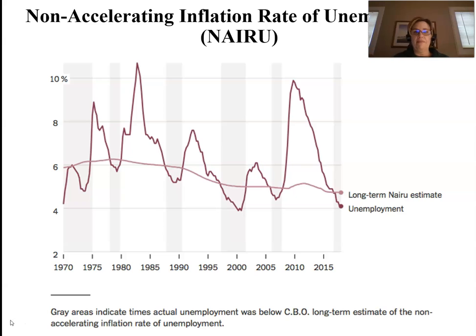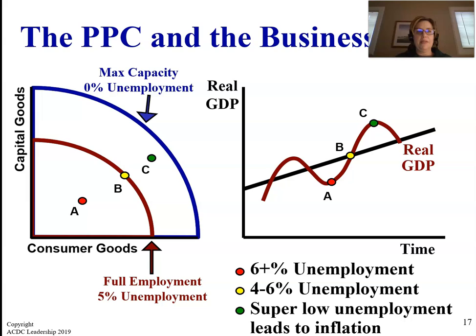And here's a graph of that over time. In this slide, we see side-by-side graphs of the production possibility curve and the business cycle. So the red dot represents unemployment that's over the natural rate of where we'd like it to be. So that would be represented by a point within the PPC, which would represent inefficiency, so a recession. And then over here you have that point below where we would like real GDP.